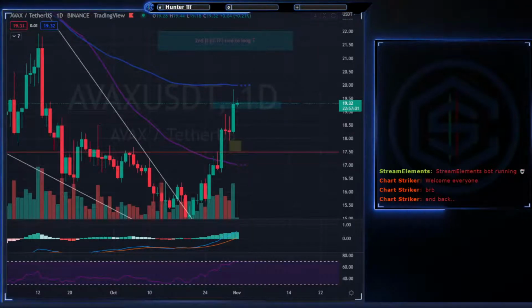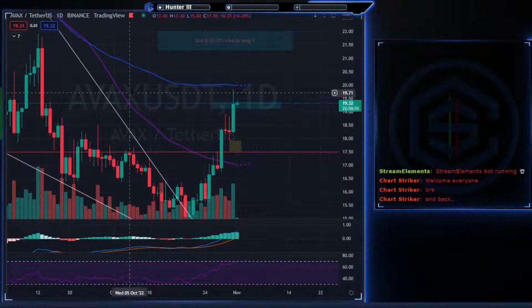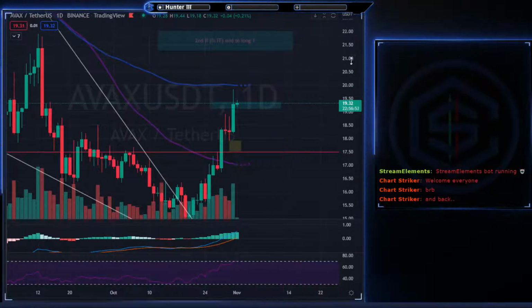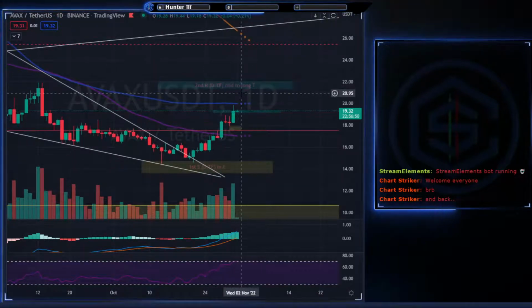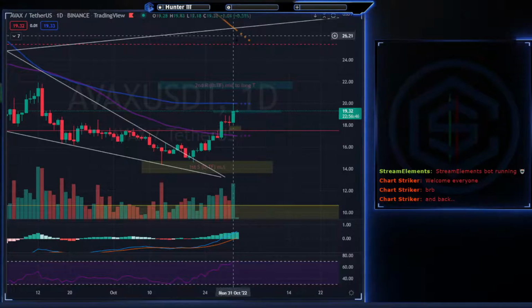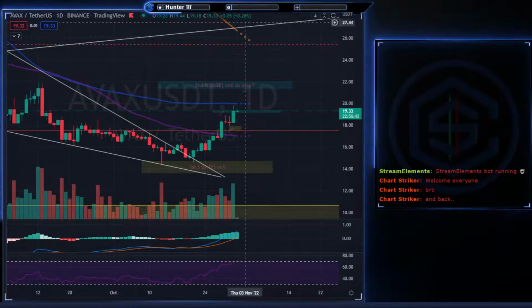If we can't break above $21, $22, somewhere around these levels on a daily, we're not going to be able to go higher to the next resistance level or next profit taking level.